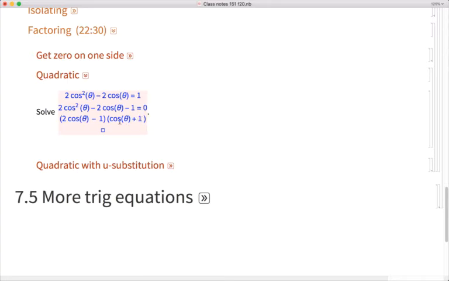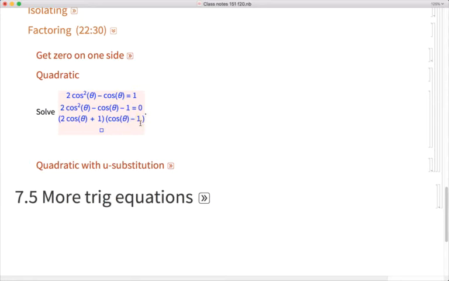This is probably too much detail here. Okay, sorry about that. The original problem that I was trying to solve had a typo in it. This was supposed to be 2 cosine squared minus cosine. So I subtract a 1 over, and now when I try to factor, I think what I need here is this one to be positive 1 and this one to be a negative 1.